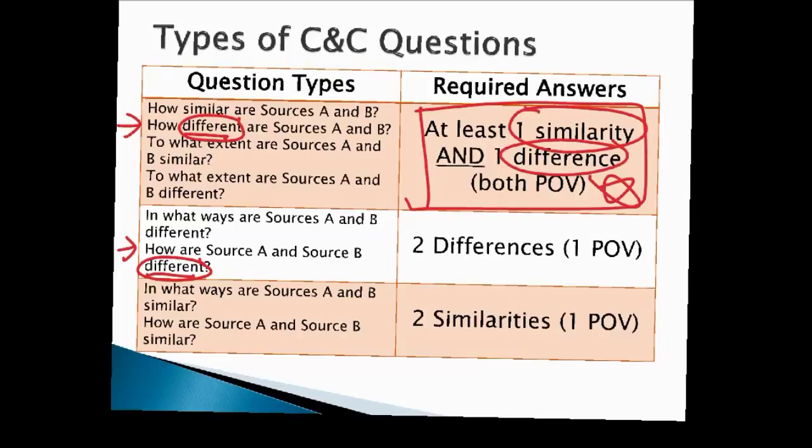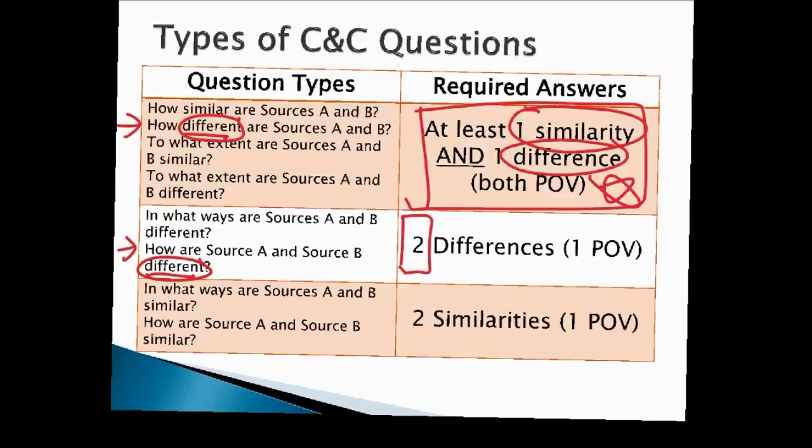When different appears at the last word, you will know that this is the second type of question, which is you are only required to write 2 differences. So meaning first paragraph, the difference between source A and B. Second paragraph, also difference between sources A and B. So this is only 1 point of view.